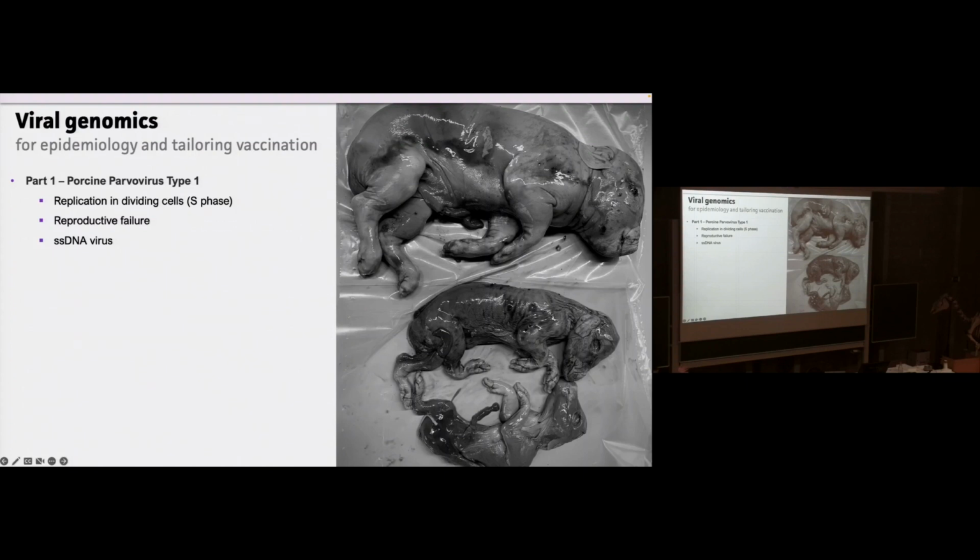Why does it target this reproductive state? Because it wants to replicate in dividing cells that are in the S phase. A young fetus is growing very actively, so a lot of its cells are in the S phase. That's why this parvovirus infects the fetuses quite easily.